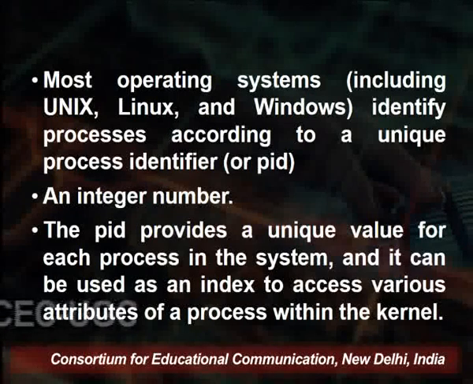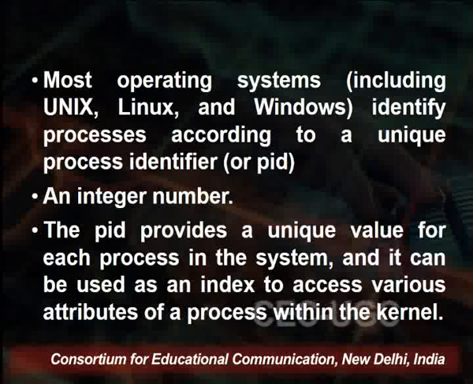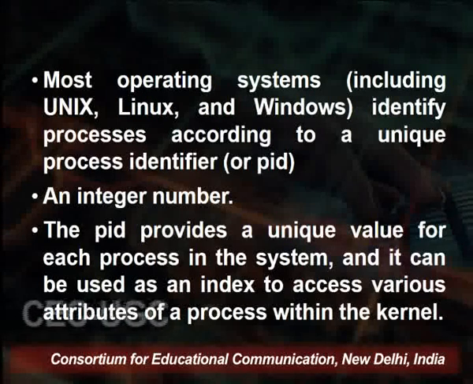It provides a unique value for each process in the system, and it can be used as an index to access various attributes of a process within the kernel. So this process ID is not just an identification number, but it also represents various attributes of the process within the kernel.